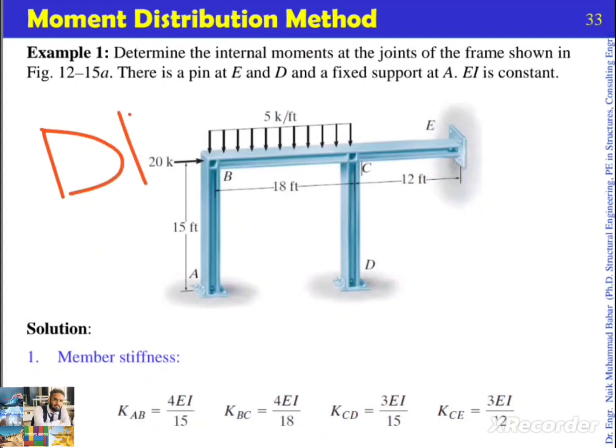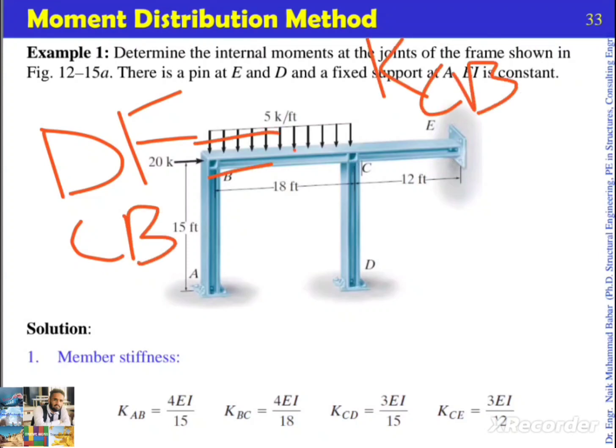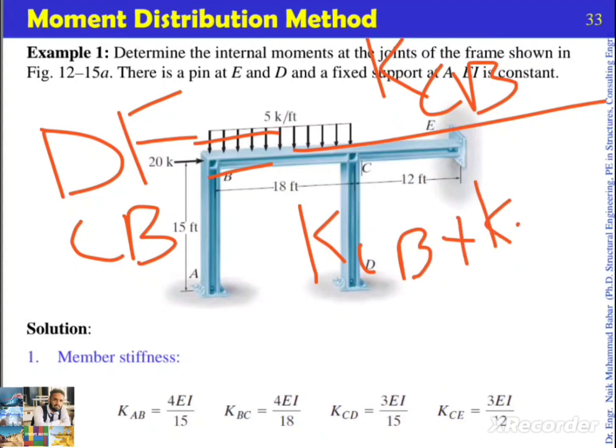Distribution factor for CB will be equal to KCB, the stiffness of that member, divided by the total stiffness at joint C. So one is KCB, another is KCD, and the last is KCE. We will put all the values in the respective terms and we will get the distribution factor for CB.